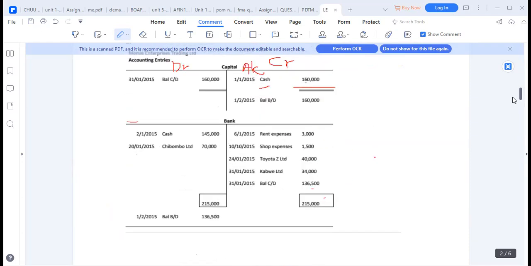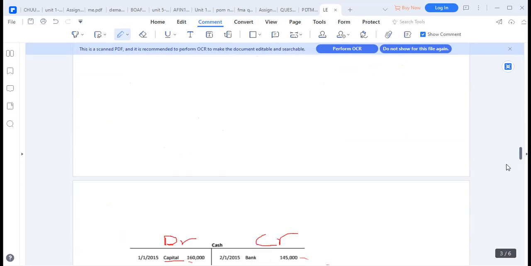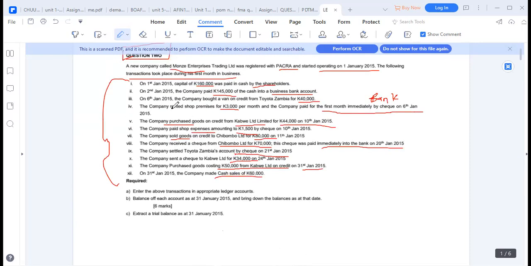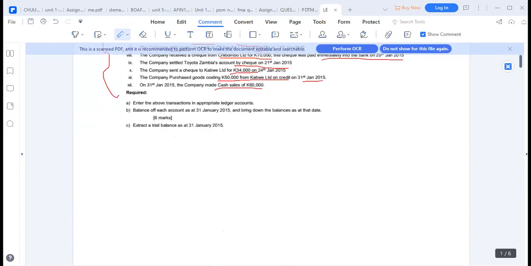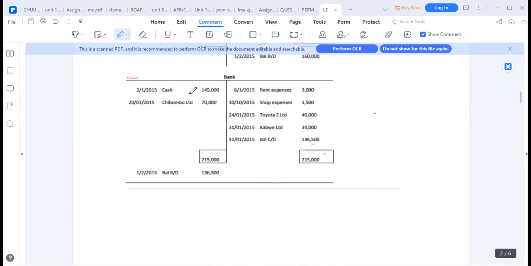The bank account 145,000 should be there, and it came from the cash account.